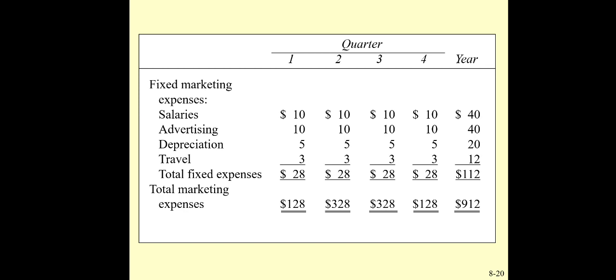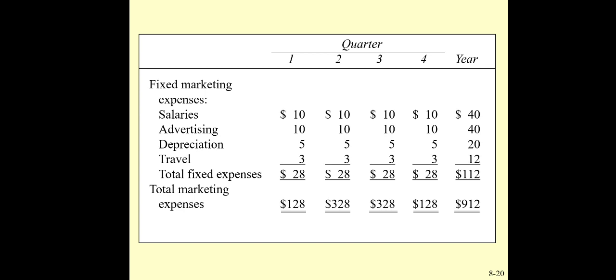For quarter 2, the variable marketing expense is 300,000 and the fixed marketing expense is 28,000, so the total marketing expense is 328,000. Quarter 3, the total is 328,000. Quarter 4, the total is 128,000. The total budgeted marketing expense is 912,000.